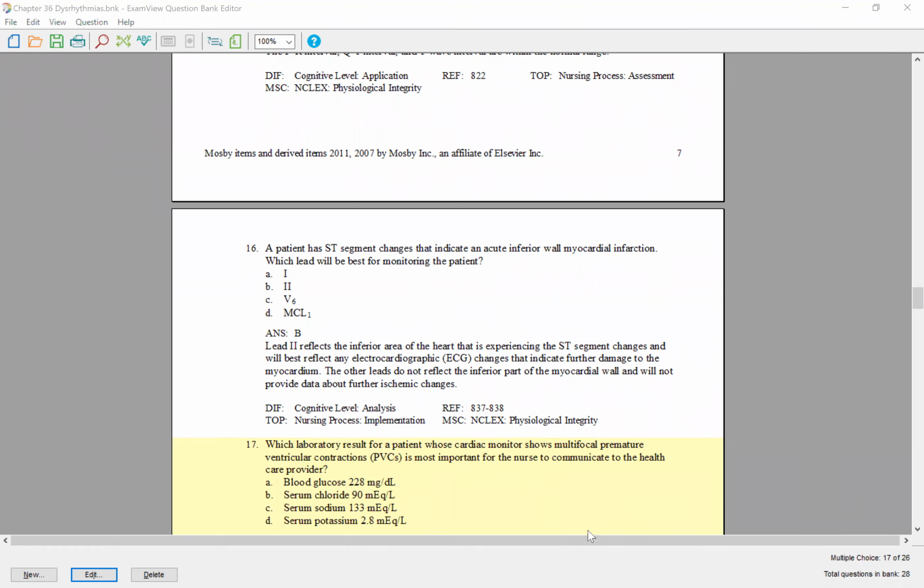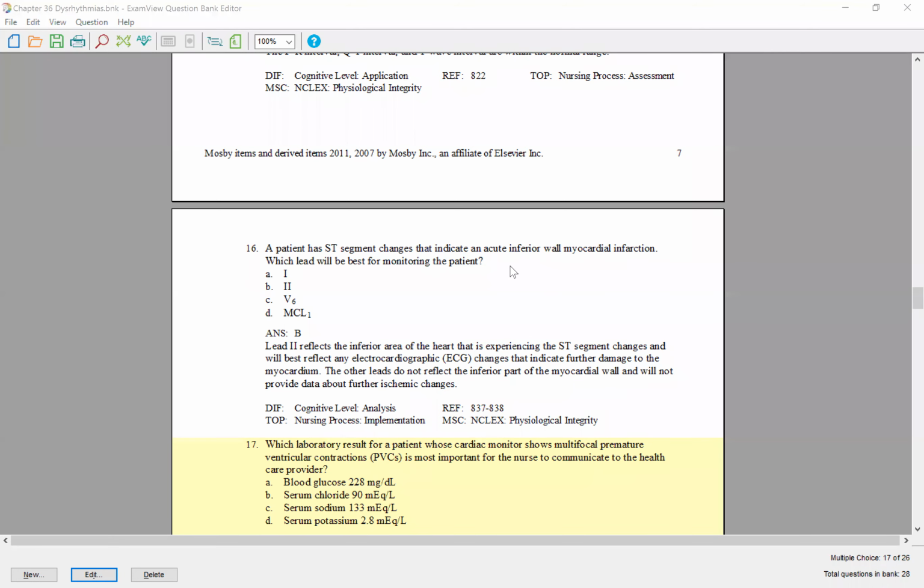So let's go to your textbook. What are the other known causes of PVC? Let's go to ventricular dysrhythmias. Alcohol, stress, low blood oxygen, and certain medications.